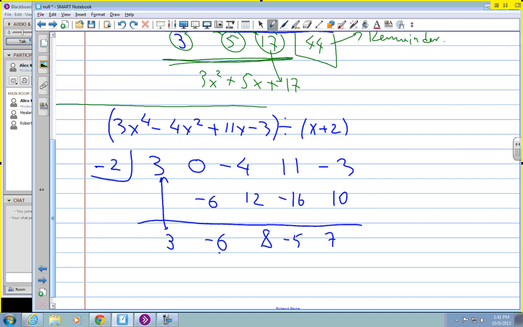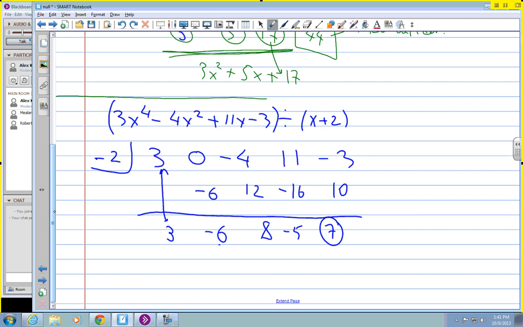Did you get that? 7 was the remainder. Now, what is the quotient here? Yeah, so it starts with the cubic. So the quotient here is 3x cubed minus 6x squared plus 8x minus 5. So that's the quotient.